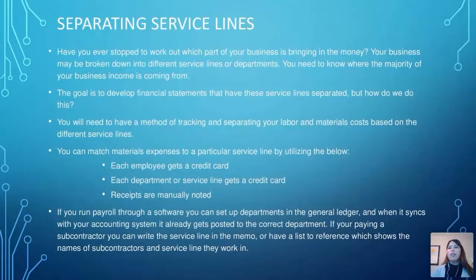This is also a good method if you're commingling employees. You can write on the memo line that they worked 50% on the arbor division, 50% maintenance, and so on. So there are different ways you can go about this as well.